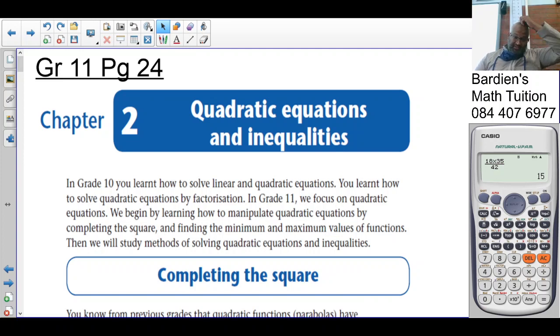Exercise 2.7, page 31. Alright, so at this point, I said we're going to do number 2 and 3, not so?